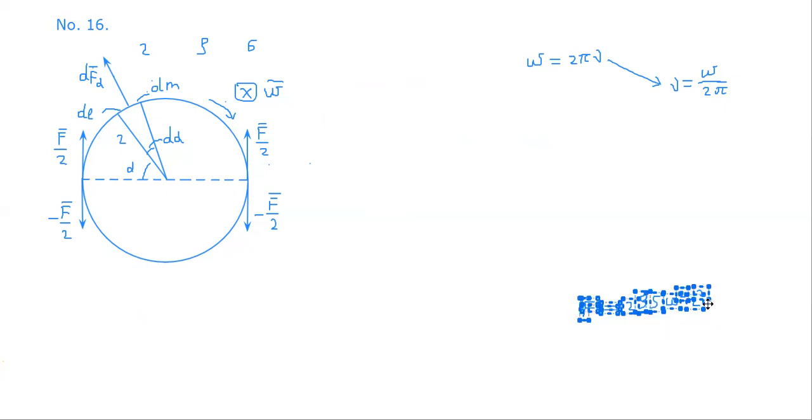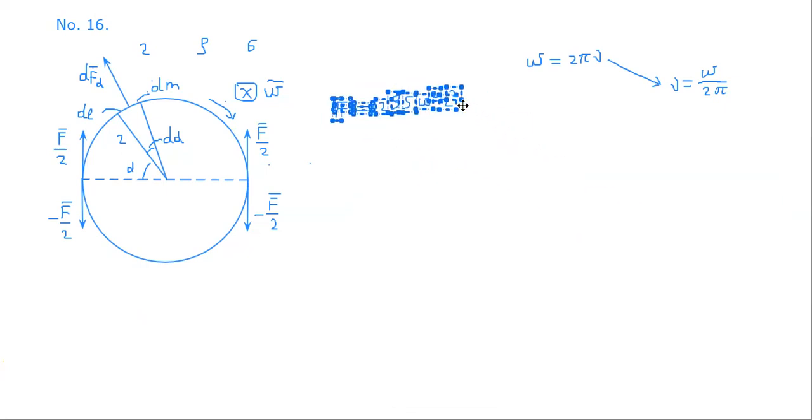Because we have the force F, and to find tensile strength, we can see that here we have half of the force F, and the cross section of the ring is S.